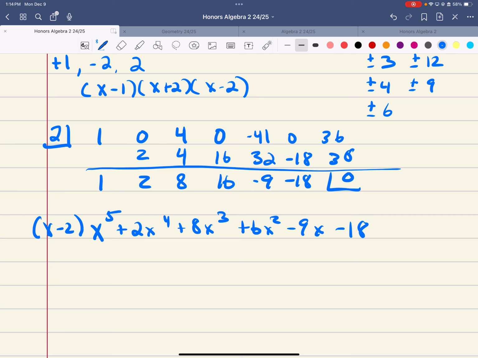Now, I used x plus 2 as one of them already. Now I've got to do it again, because we still don't know how to factor this part of it. We know x minus 1 and x minus 2 are the factors. So now I'm going to put a 1 in there.